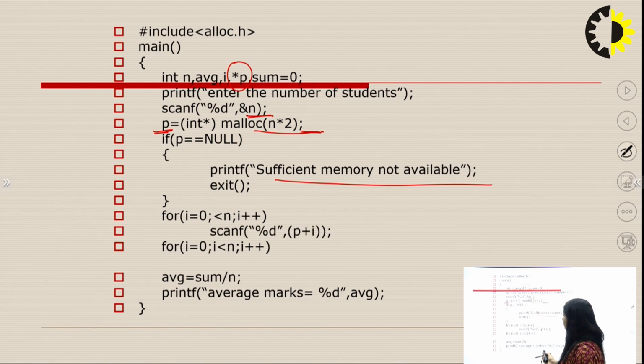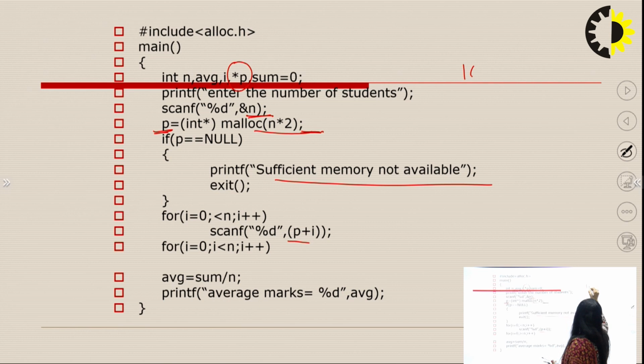Otherwise it will check for the numbers, right? So whatever the value of p is there, p plus i, p is what? P is a pointer variable. When we increment it by 1 and it is of type integer, and if integer takes 2 bytes, it will be incremented by 2 instead of 1, right?